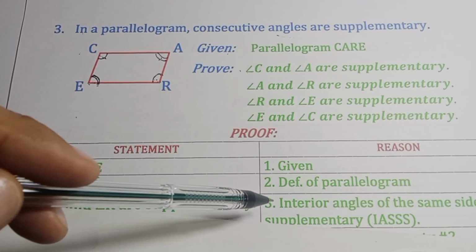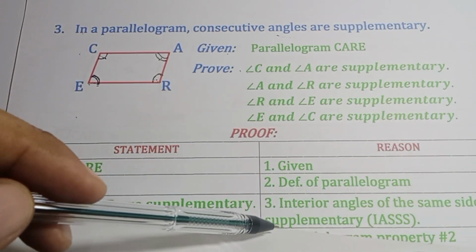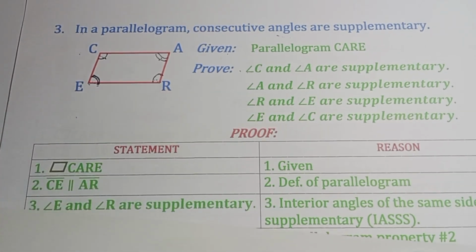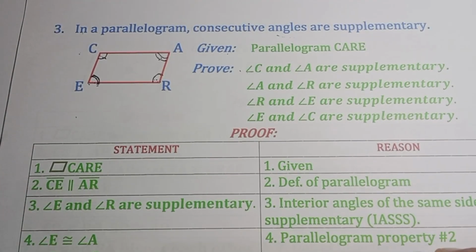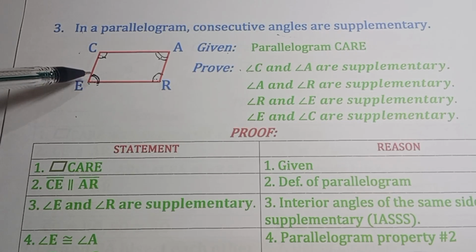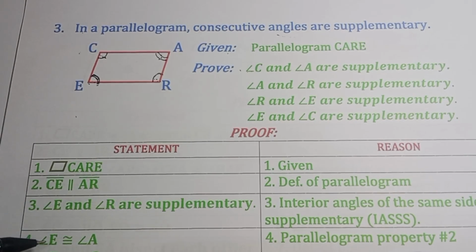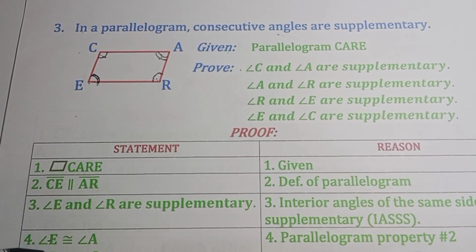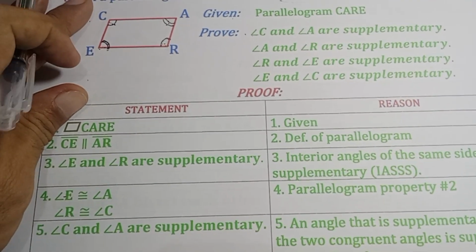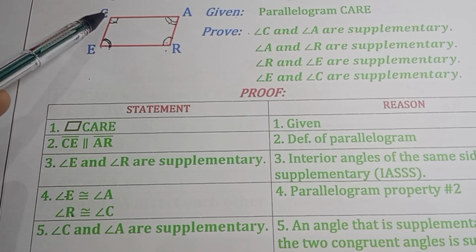If two lines are cut by a transversal, interior angles of the same side are supplementary. Next, for angle E, opposite to this is angle A. And angle R, which is this one, opposite to it is angle C.